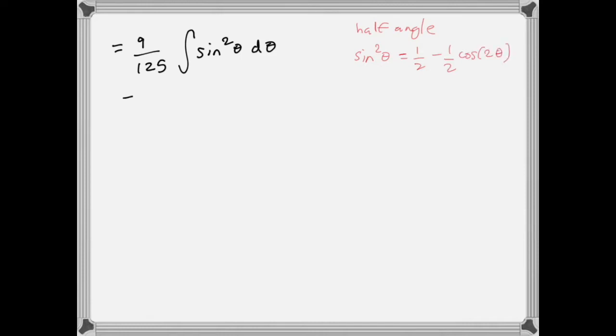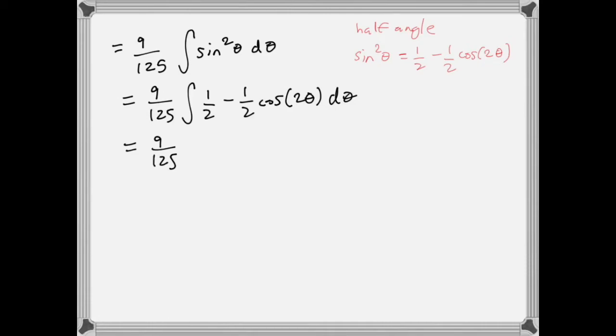So then this is equal to 9 over 125 times the integral of 1/2 minus 1/2 cosine of 2 theta d theta. So what is the actual integral here? We haven't taken the antiderivative yet. It's going to be 1/2 theta. And then remember our linear trick, divide by the slope. And then the integral is sine of 2 theta plus c.